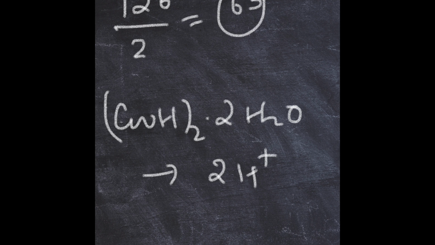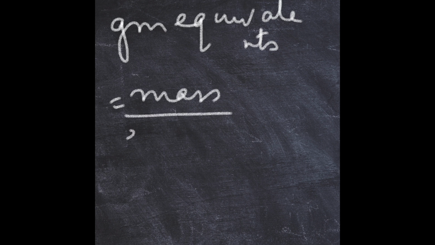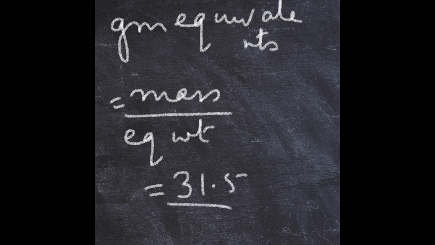So gram equivalence is equal to mass upon equivalent weight. This is equal to 31.5 upon 63 and this is equal to 0.5.